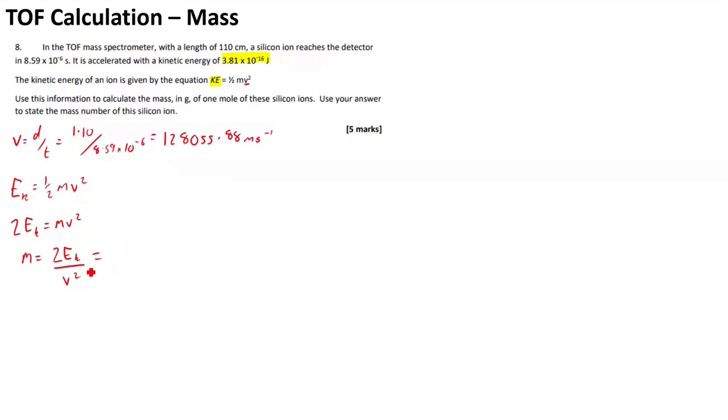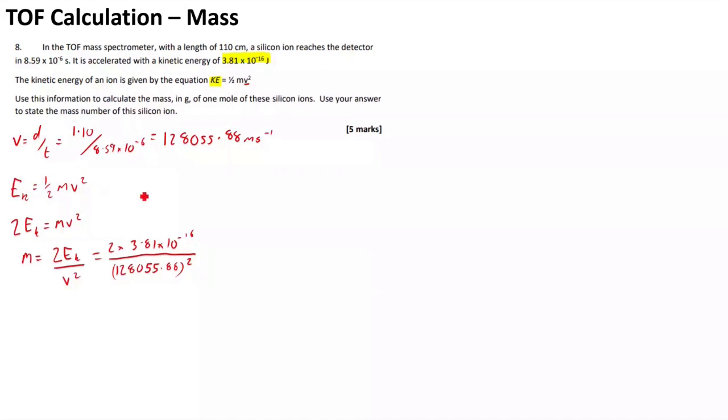Now you just substitute in the numbers from the question. So they've given you kinetic energy, divide it by velocity. Don't forget it's velocity squared. Be careful with how you type this one into your calculator. What you don't want it to do is the 2 times 3.81 times 10 to the minus 16 divided by the velocity and then square all your answer.